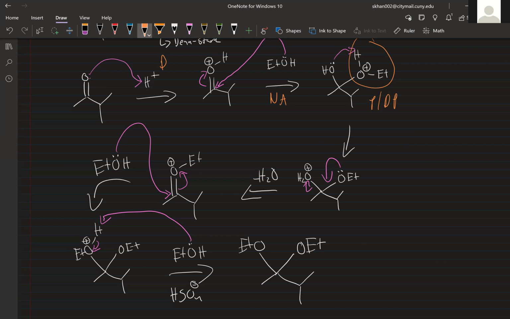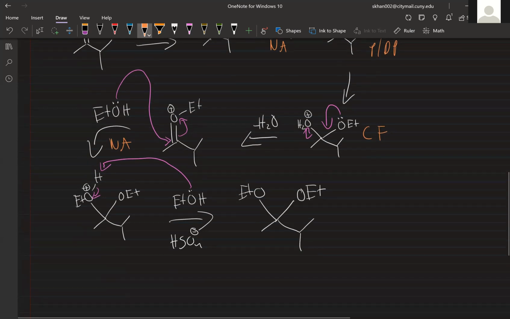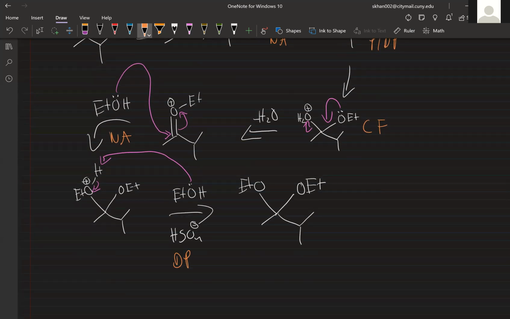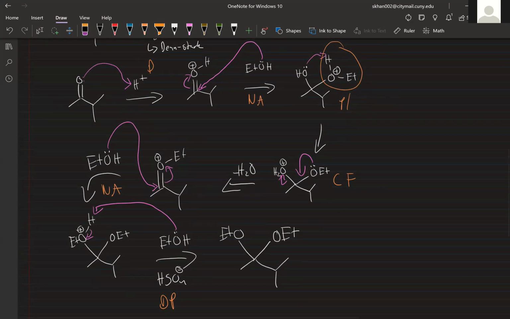Then I would say this is carbonyl formation, right? And then you have your nucleophilic attack again, and then your deprotonation, right? So we could actually put this as the H plus like that.